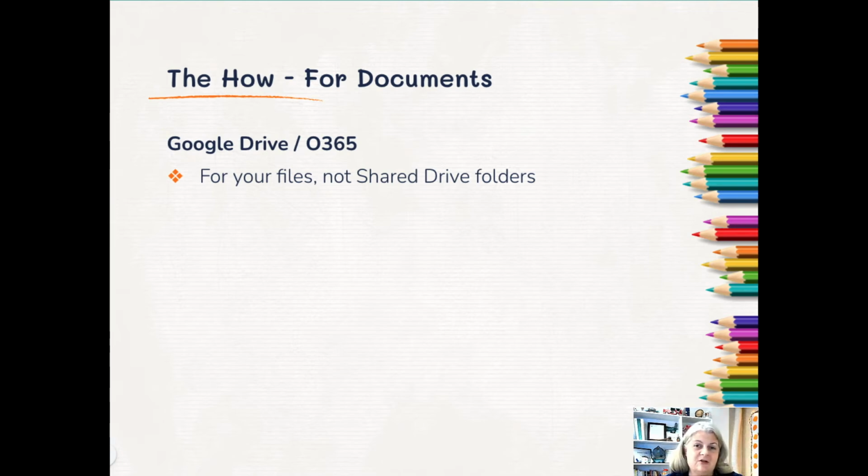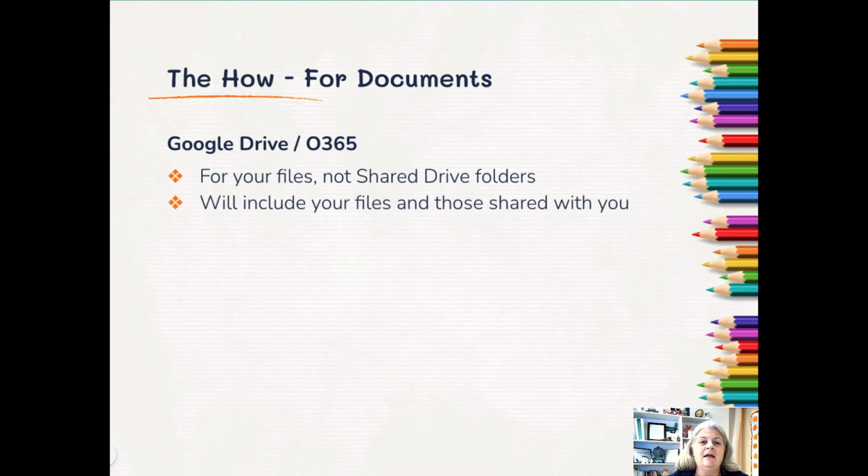We're not talking about shared drives right now. We're just talking about My Drive. And this culling of documents will include documents that have been shared with you, as well as documents that you have shared with others. So if it's in your drive, it's going to be included.